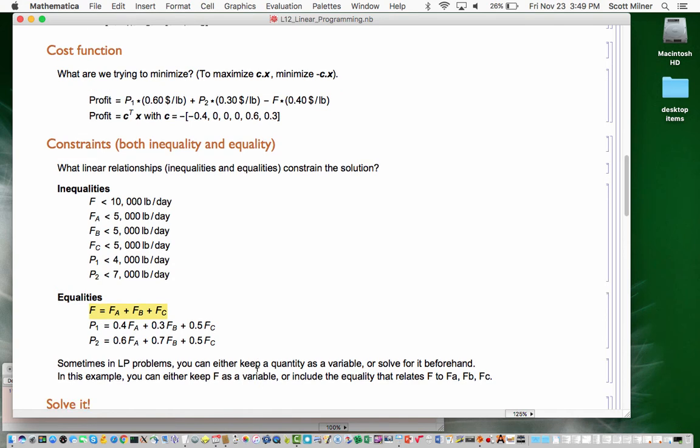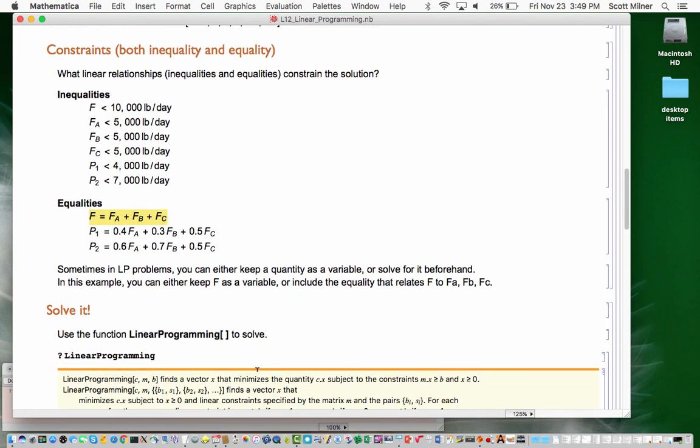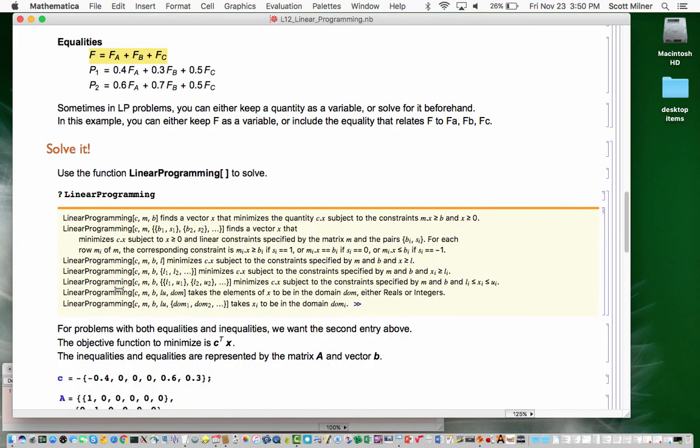So that's translating the word problem into a set of equations, and now we need to solve it, and for this we use Mathematica's function called linear programming. And the whole problem here is basically to translate these equations into input that Mathematica can understand.